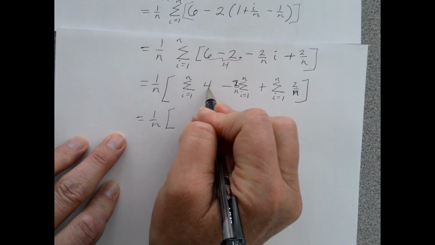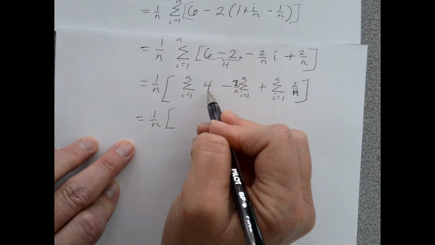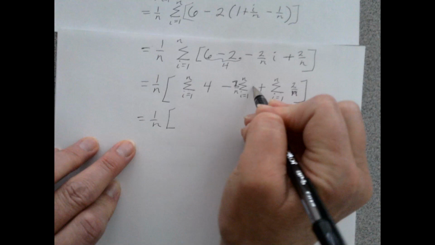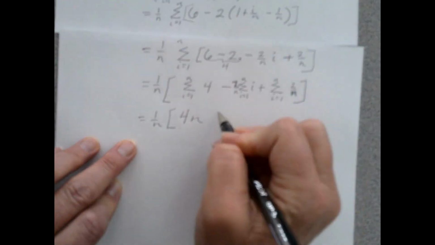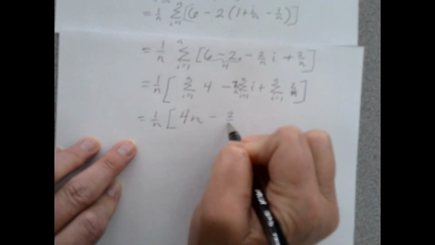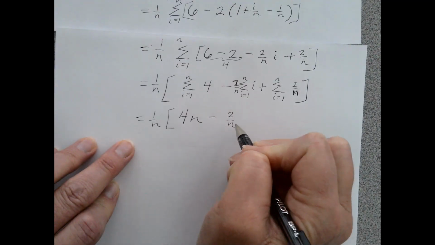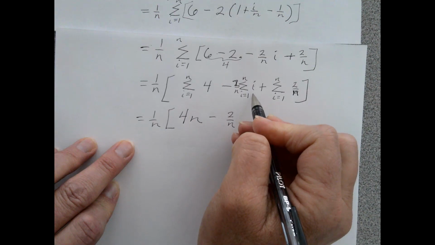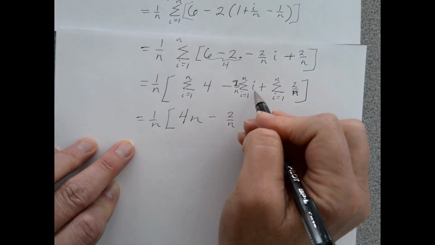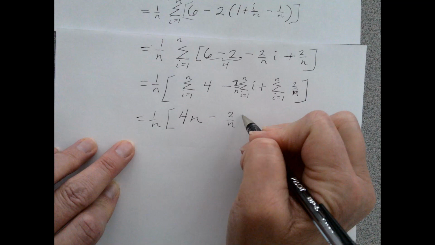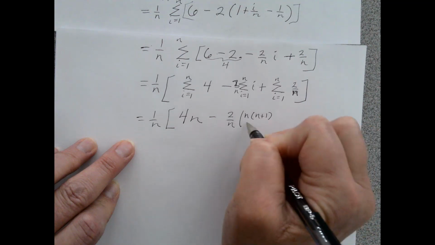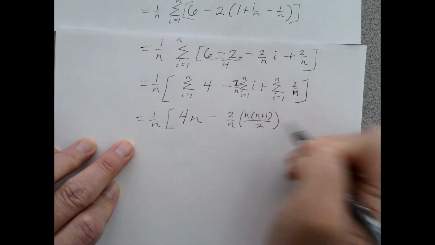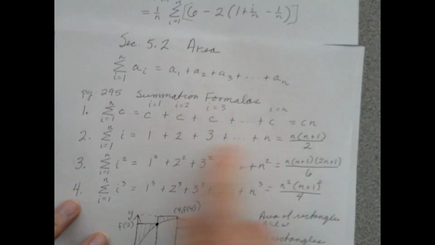Summation of a constant is what? That should be a 1, not an i. Okay, so that's 4n minus 2 over n times the summation of i. Do you remember what that was? Yep, so it's n times n plus 1 all over 2. Okay, and that's from the formulas that we talked about in the beginning.